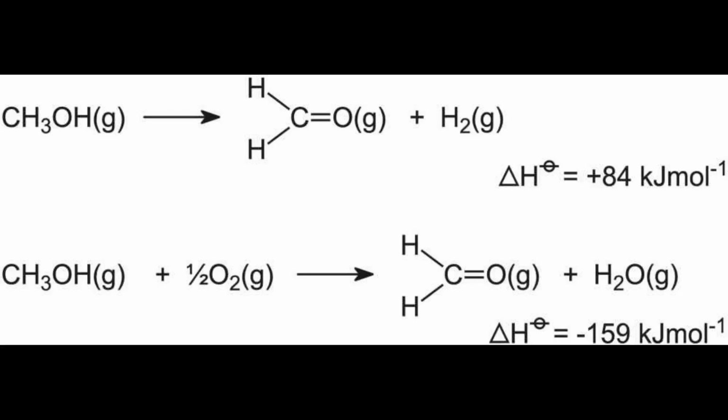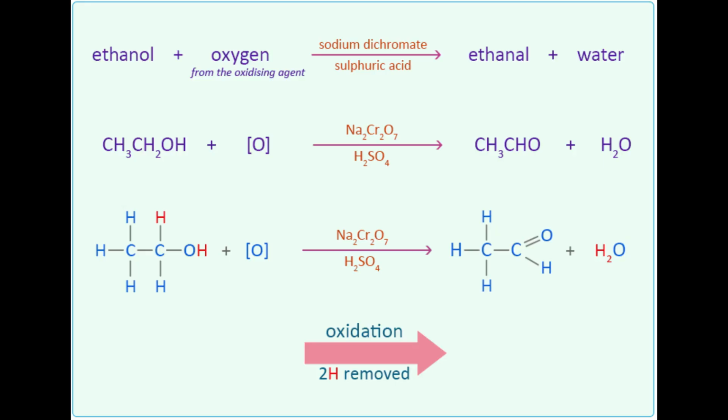Another example is oxidation of ethanol, C2H6O plus O, which gets oxidized with the help of sodium dichromate, Na2Cr2O7, and sulfuric acid, H2SO4, to ethanal, C2H4O, plus one molecule of H2O.